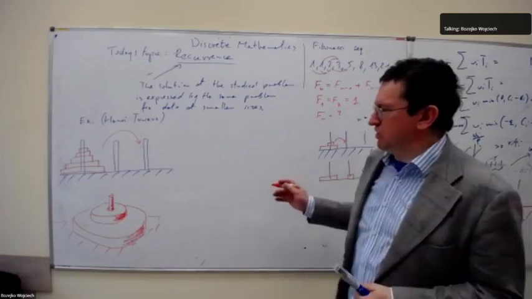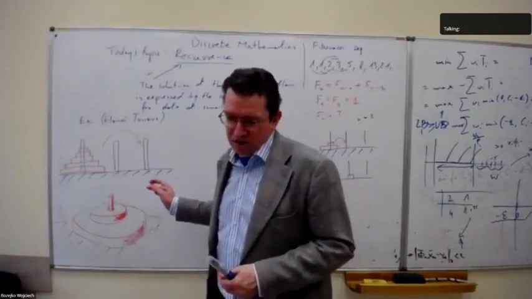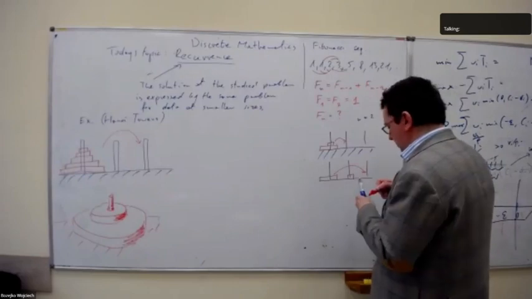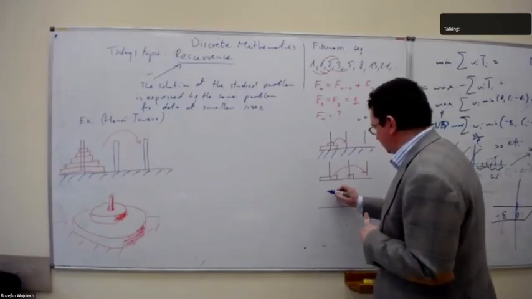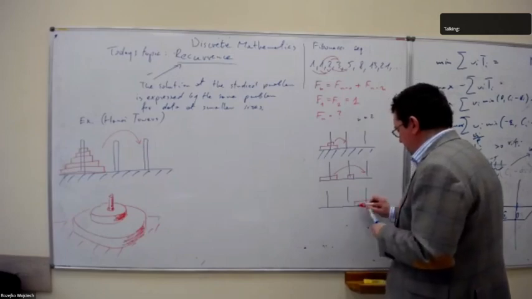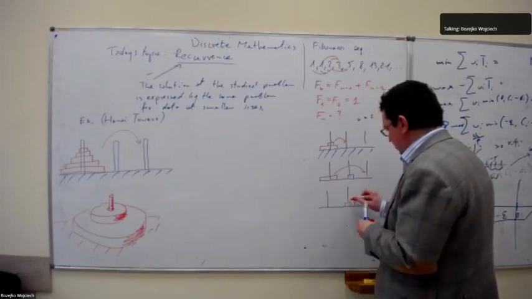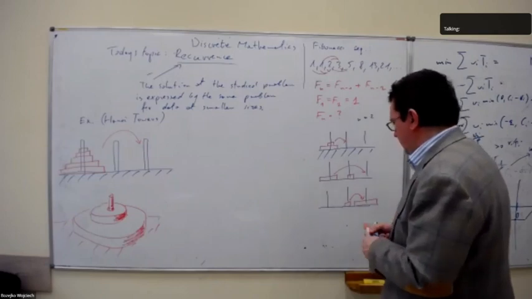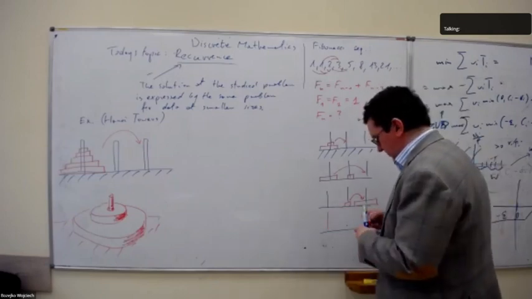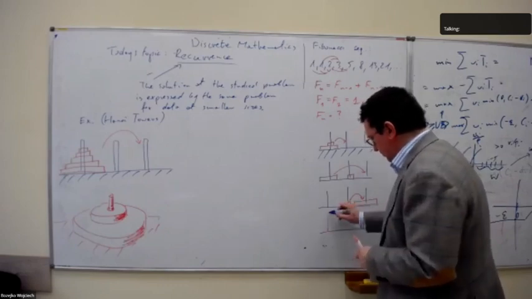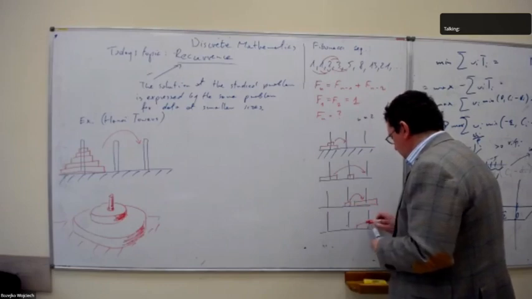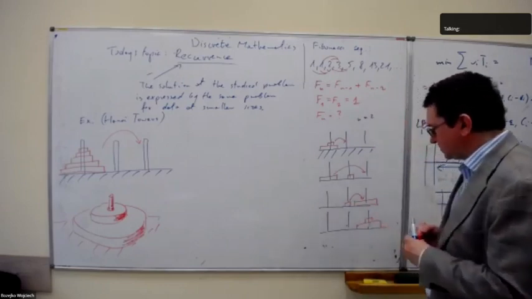Of course, we can put them on the ground also. Next, we put this one here, having a smaller one here, and now this one here, and this is done. So this is quite easy for two of them.